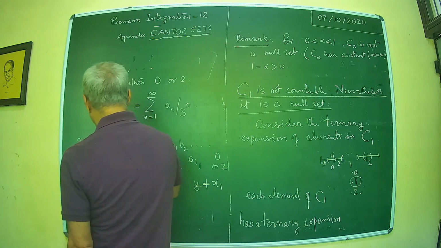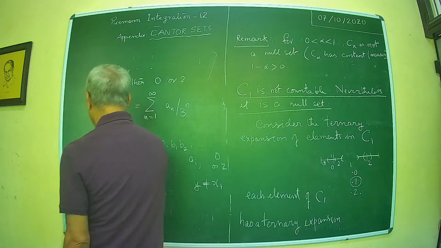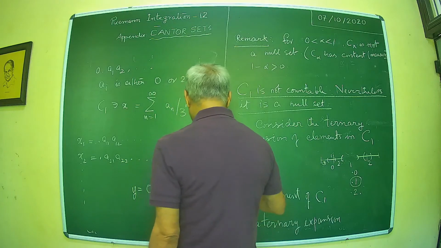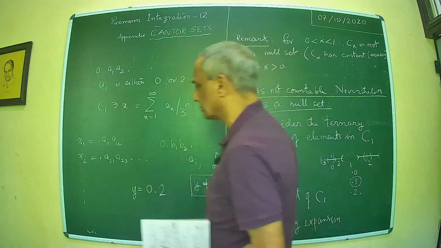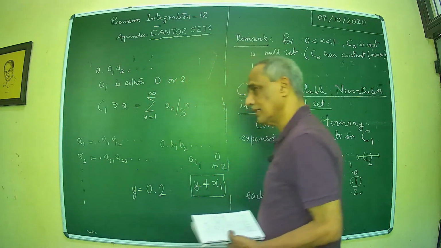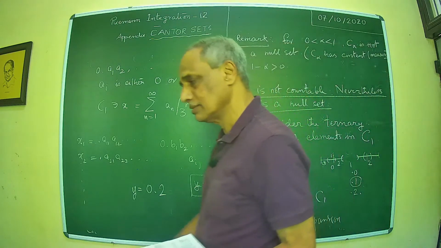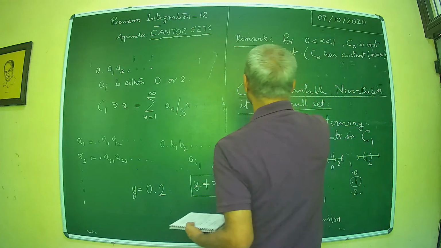Similarly, go to the second place and make it different from x2, and so on. So you can construct a y which is different from each one of these. Your assumption that it's countable and that we have exhausted it by listing is violated. That leads to a contradiction. Therefore, it is uncountable.